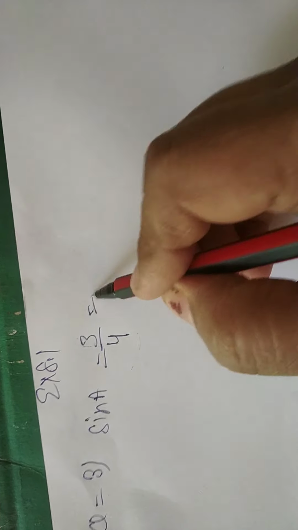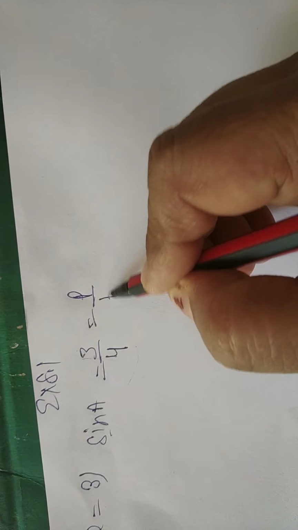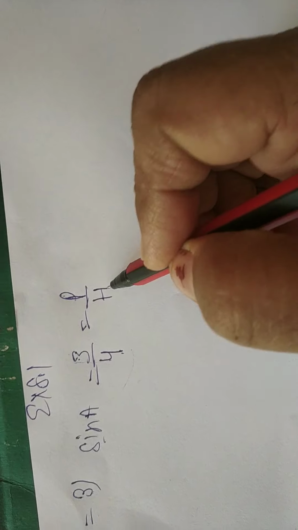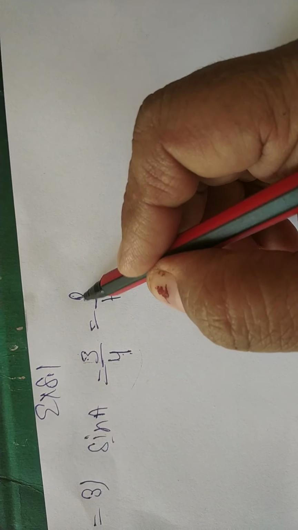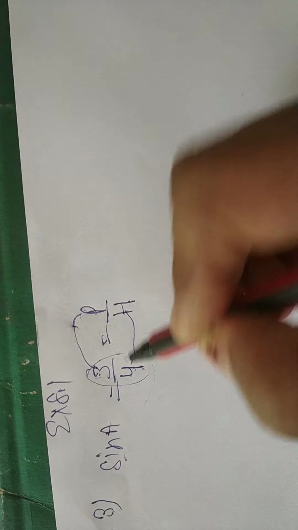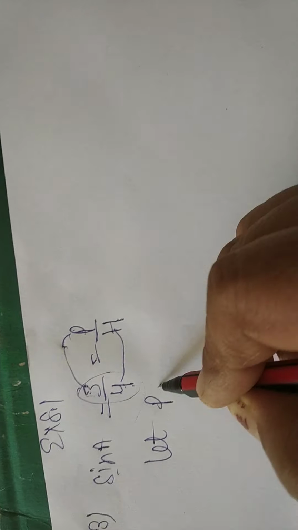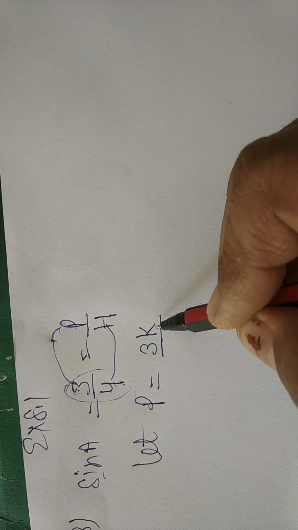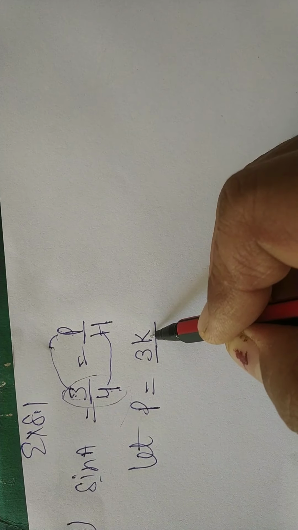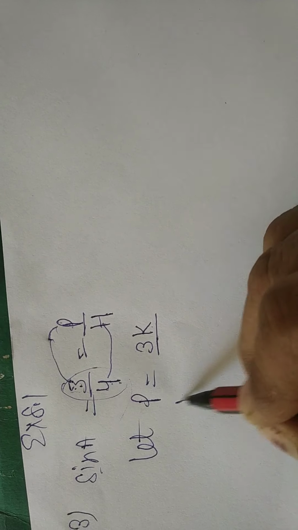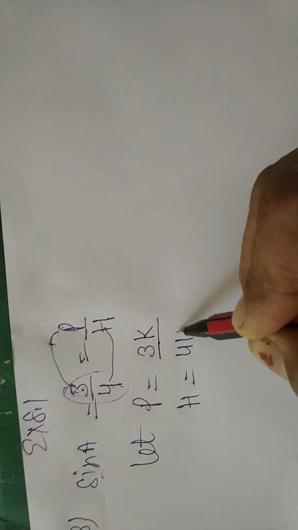So now we know that sine A is equal to P by H. Since this is a ratio, we can't write P is equal to only 3, H is equal to only 4. When the numbers are in ratio, then we have to let P is equal to 3K. In case of ratio, I have to take one symbol with this counting number. So H will be equal to 4K.